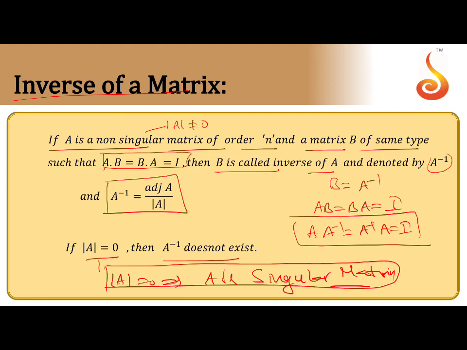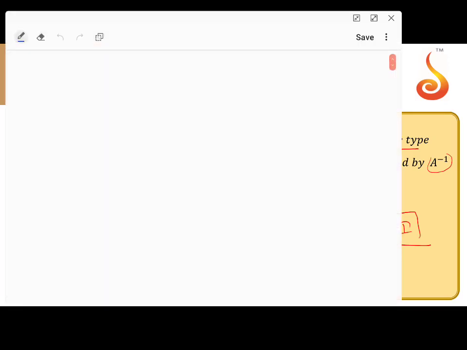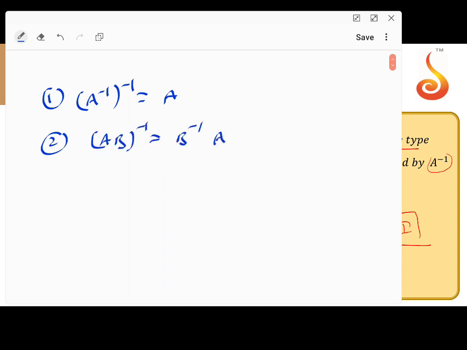Next, some properties you have to memorize for the inverse of a matrix. That means A inverse whole inverse equals A, like A transpose whole transpose equals A. Next, AB whole inverse equals B inverse A inverse.